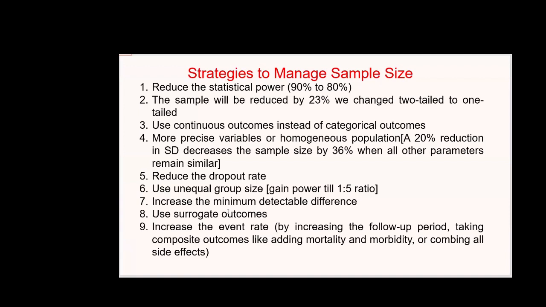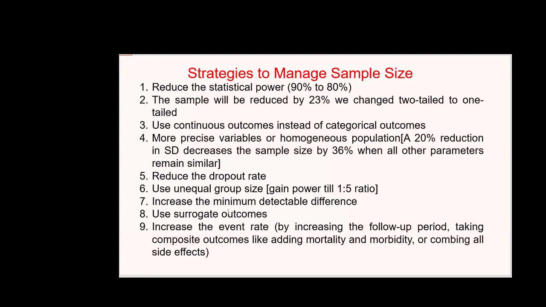Use a continuous outcome instead of a categorical outcome. A categorical outcome generally gives a large sample size. If other continuous variables are available, in that case you can use a continuous variable instead of a categorical variable. Use a more homogeneous variable, a more precise variable, or a homogeneous population. If you have a heterogeneous population, your standard deviation is larger and your sample size will be large.